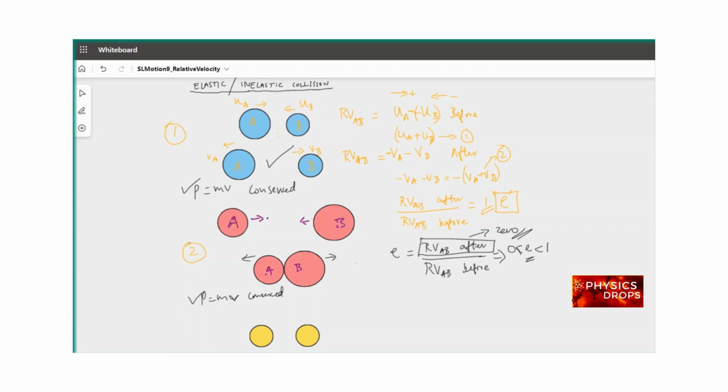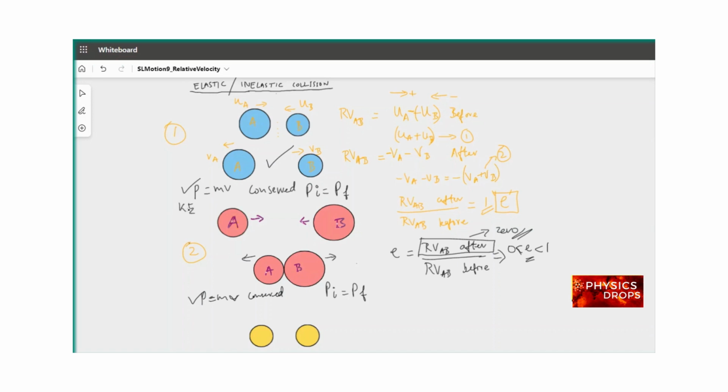That means the momentum before collision will be equal to the momentum after collision. Momentum initial, before collision, is equal to momentum final, which is after collision. Same is the case for inelastic collisions also. But there is something that changes between these two scenarios, which is kinetic energy.